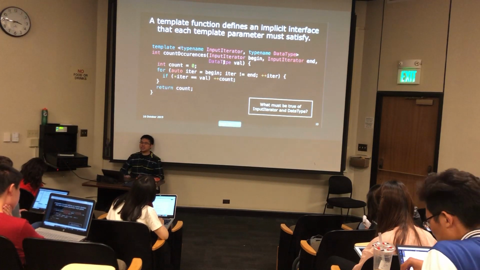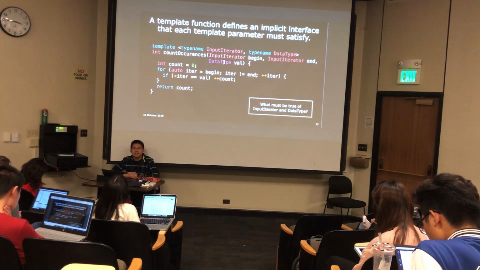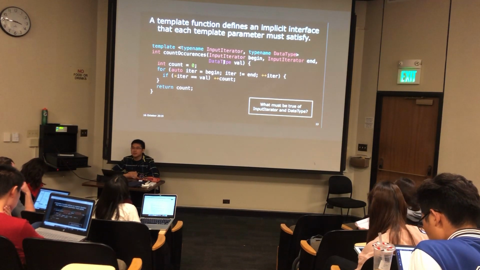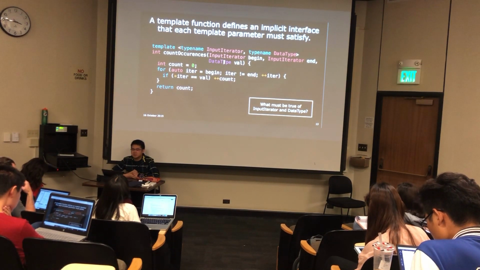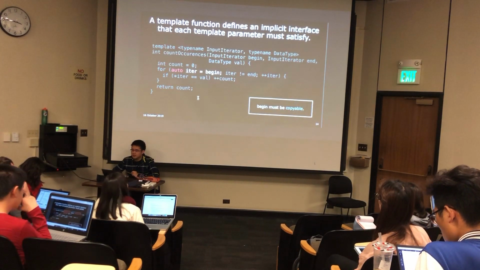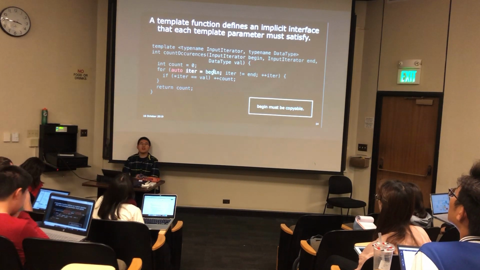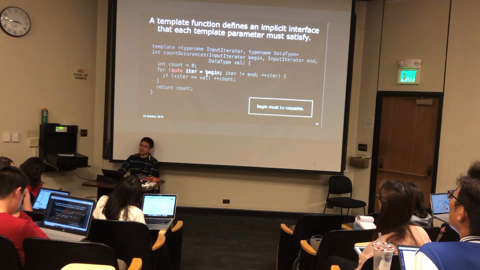Let's look at what other requirements you see for the input iterator and data type. There are some other requirements that this function imposes. What are some of those? Here it says that begin must be copyable. Not all types are copyable; we'll learn that later. But here we have an enforcement that we have to be able to copy whatever the input iterator is. This is important.